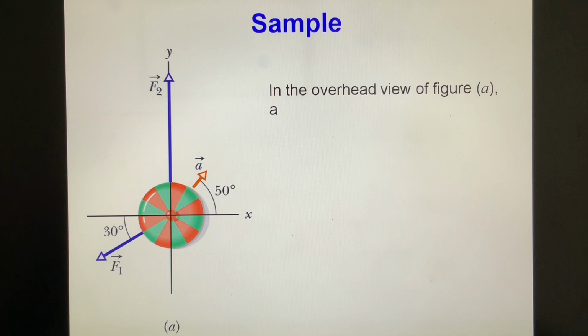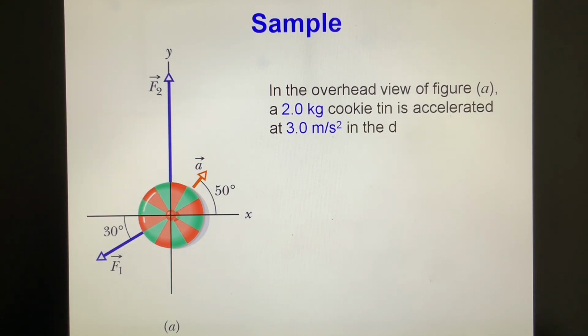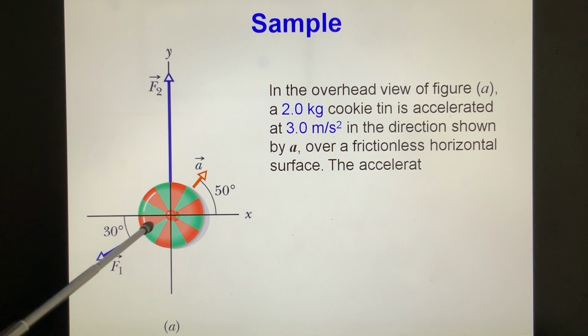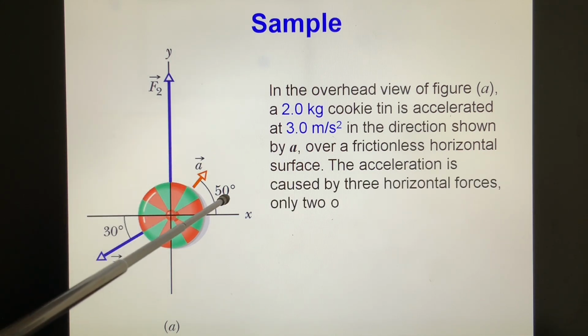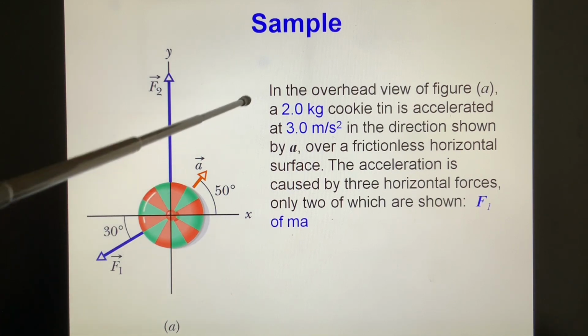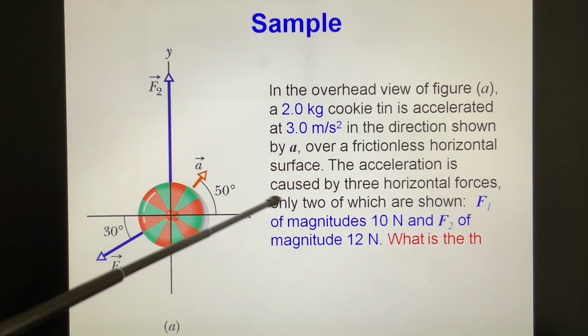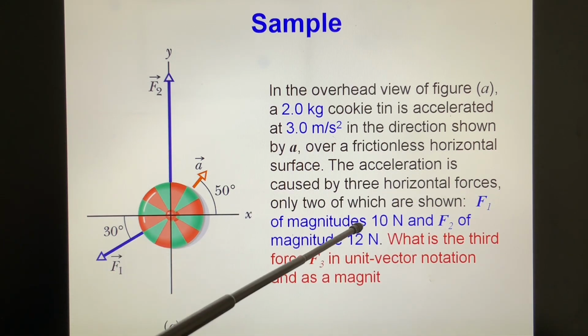Sample. In the overhead view of Figure A, we look at this one. A 2.0 kilogram cookie tin is accelerated at 3.0 meters per second squared in the direction shown, 50 degrees to the x direction. The acceleration is caused by three horizontal forces, only two of which are shown.